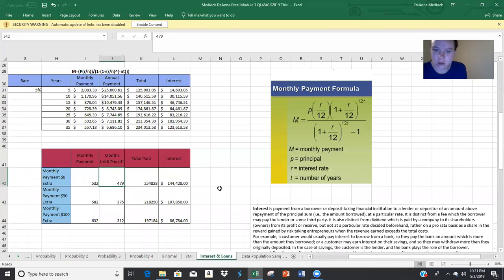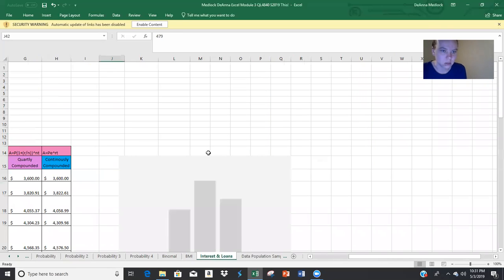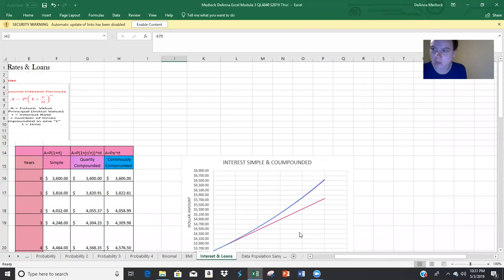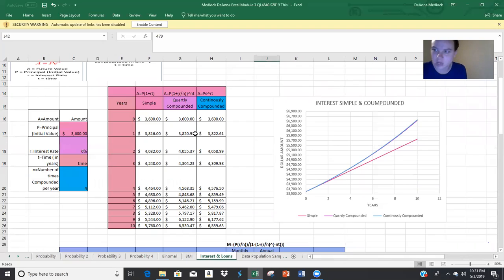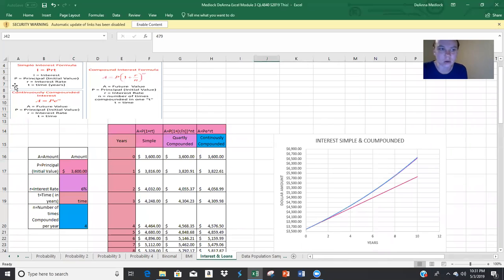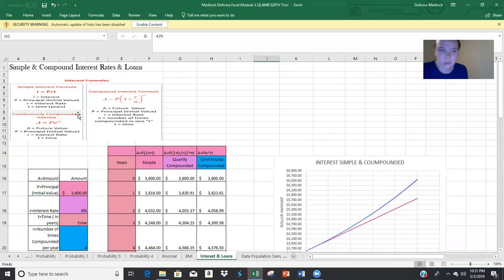Our next scenario we did, which is not my favorite, but I've been learning about it, and you need credit. It's very important. So we were talking about simple and compound interest, and we used some different formulas. We have one formula that's just for simple interest.